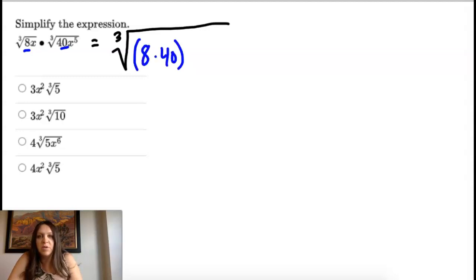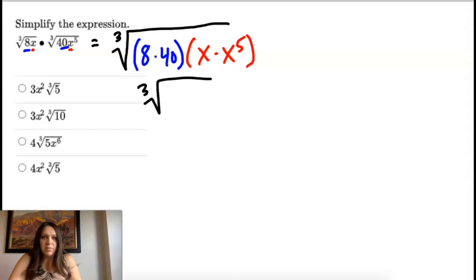And then we're going to multiply the variables. So x times x to the 5th. And I'm just going to clean this up a little bit. So 8 times 40 is 320. And this is 1 x and 5 x's for a total of 6.